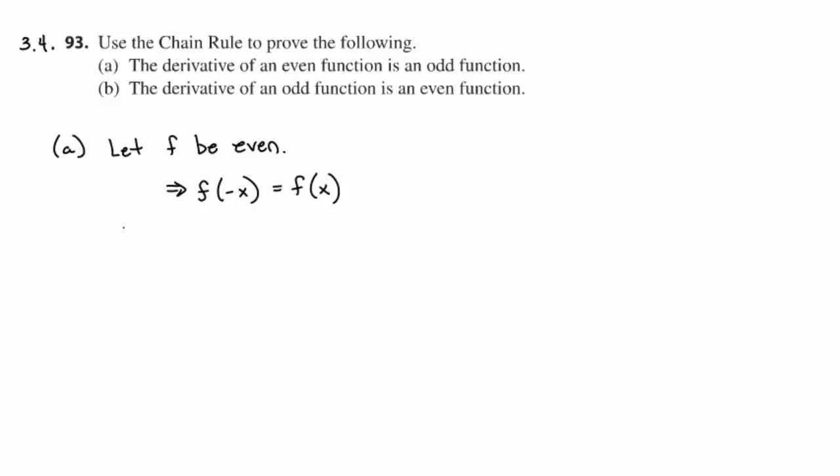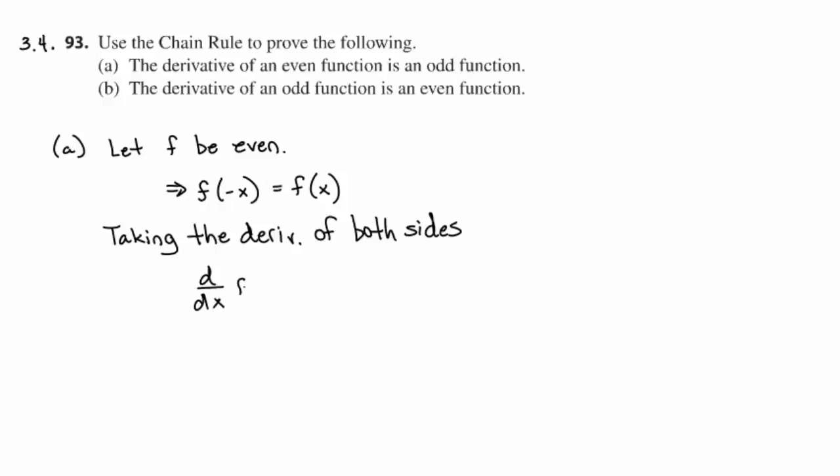And now, taking the derivative of both sides, we get the derivative with respect to x of f of negative x, that's the left-hand side, is equal to the derivative with respect to x of f of x.